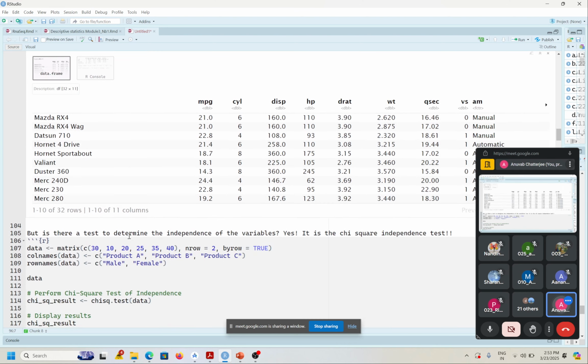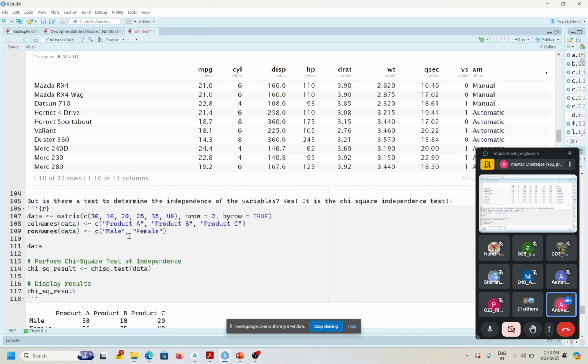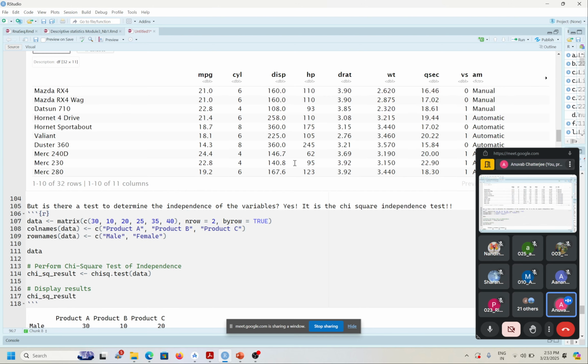So this is our mtcars dataset. We have a lot of things here: mileage, displacement, horsepower, drat, weight, qsec, and is it automatic or manual transmission? What do you think that mileage will depend on? So we know that it depends on cylinders. What other parameter do you think it will depend on?